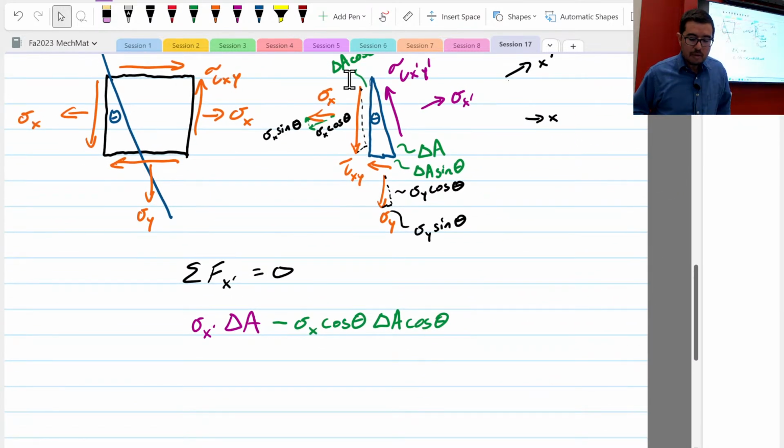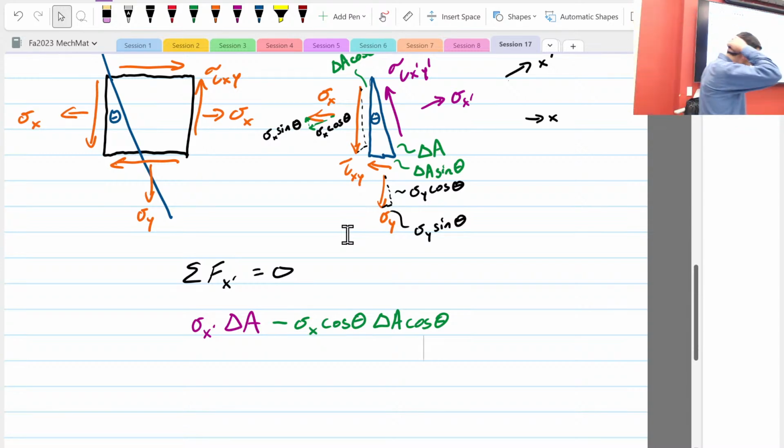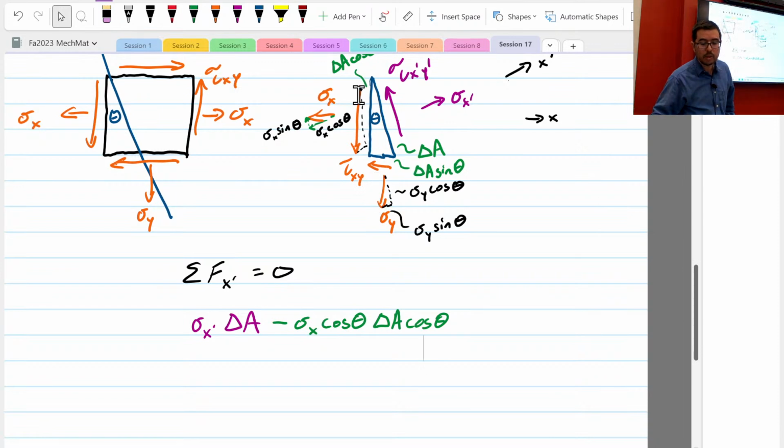Now, let's look at tau xy. You tell me, is tau xy, this one on the left side, not this one down here, contributing in the positive x prime or in the minus x prime direction? Good.